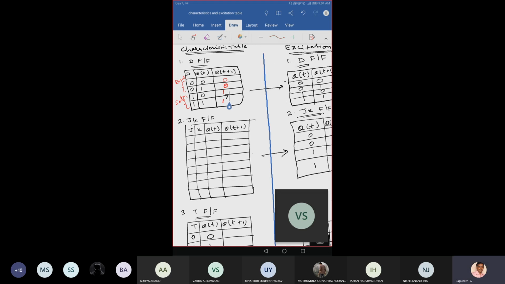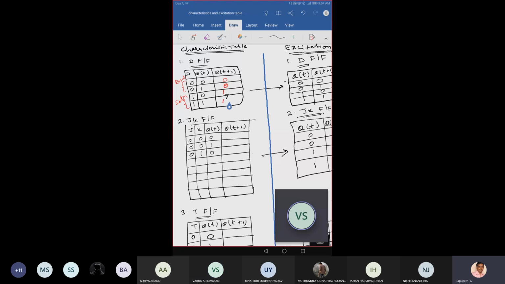Then we discussed the JK also. So in the 3-bit number, what is the first number? 0, 0, 0. It's a binary sequence. All are 0. What is the next number in the binary sequence after 000? We discussed the binary: 0, 0, 1. Then what is the next number? 0, 1, 0.